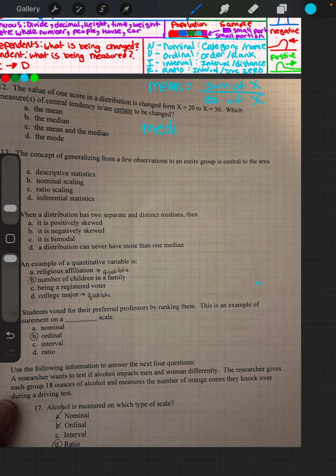Median means the middle number and the mode means most seen number.